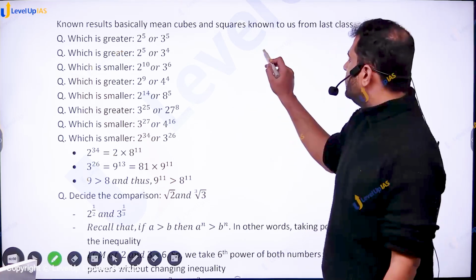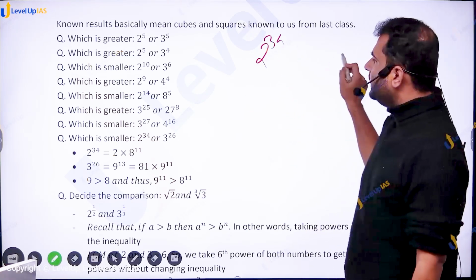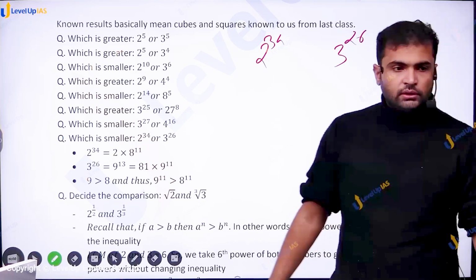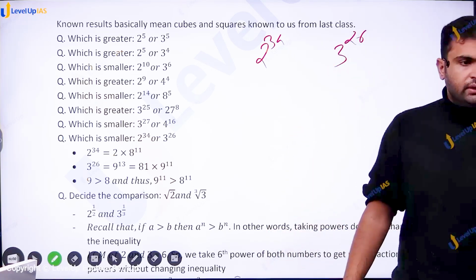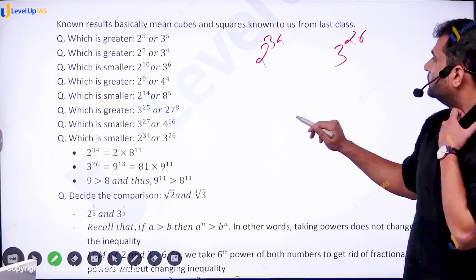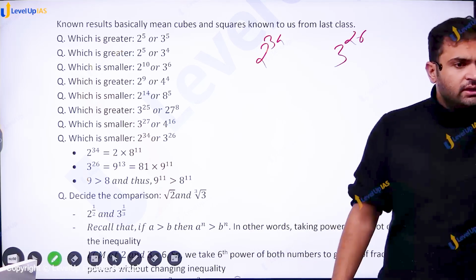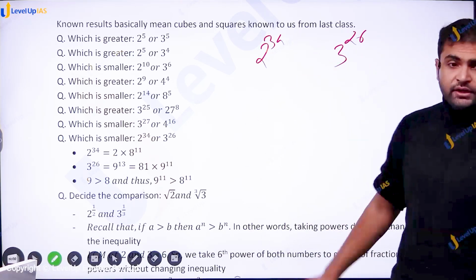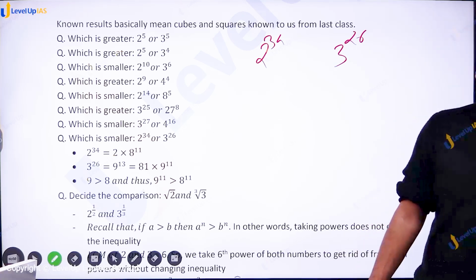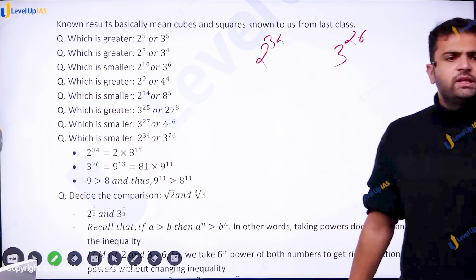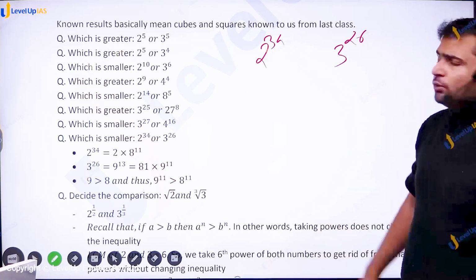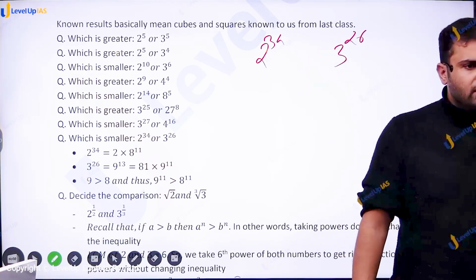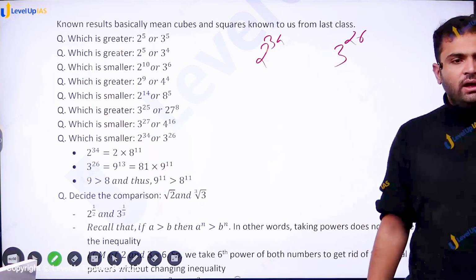If I have to compare 2 raised to 34 and 3 raised to 26, the HCF is clearly 2, but even with HCF I'll get 2 raised to 17 and 3 raised to 13, which is again difficult to compare. So instead what I do is I reduce these numbers to some smaller numbers which I know are much better to deal with.